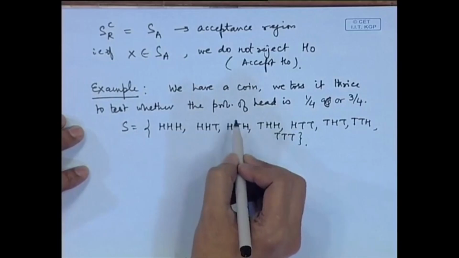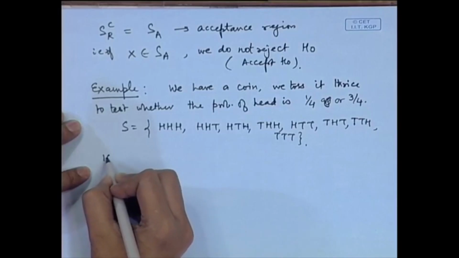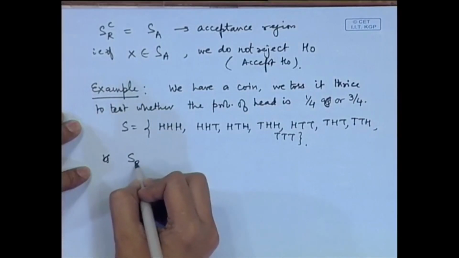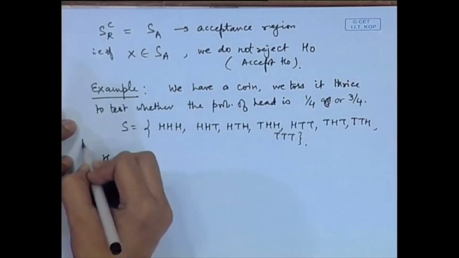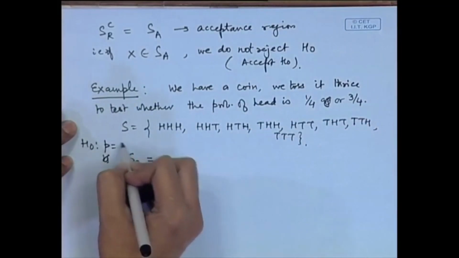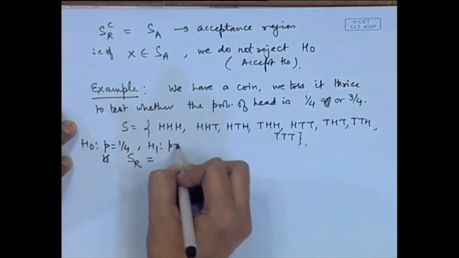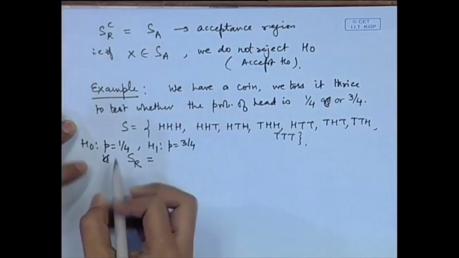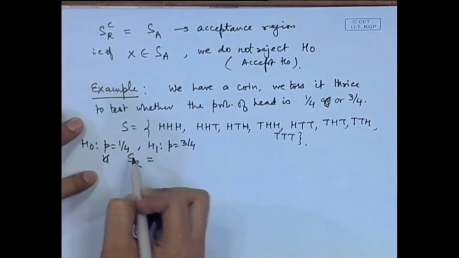Now, we may take a decision like this, so we can make a decision rule like this S R. So, we have to test the hypothesis here H naught p is equal to 1/4 against H 1 p is equal to 3/4.